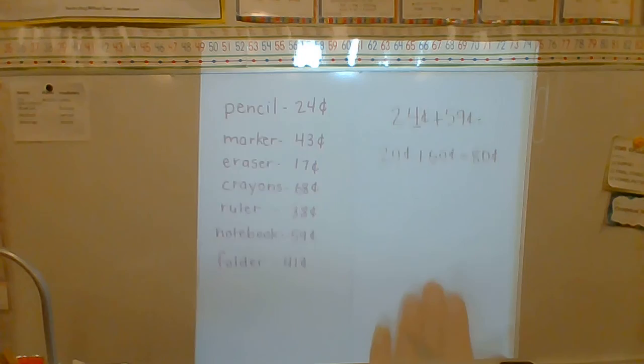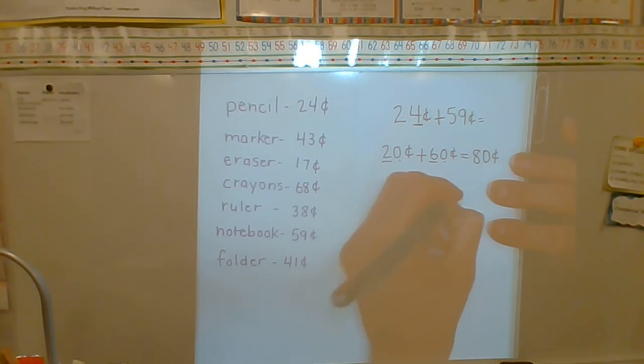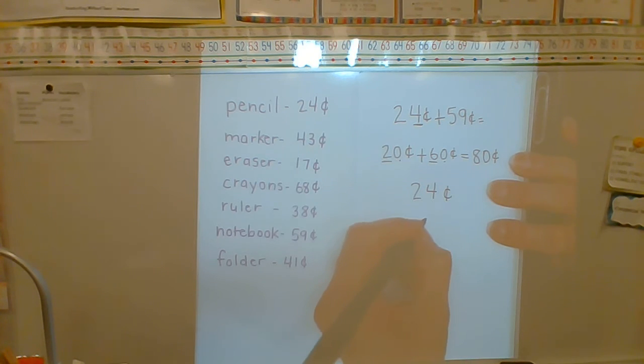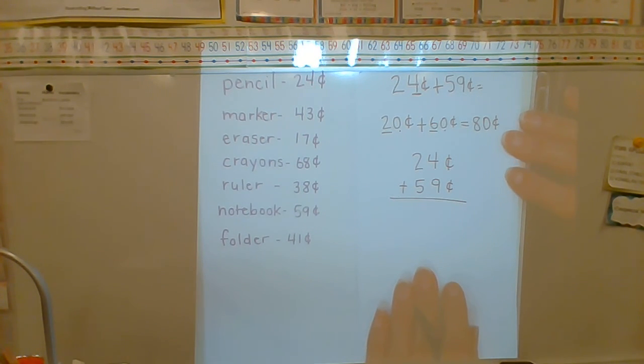So I'm going to turn it vertical. 24 cents plus 59 cents. Keep your fingers crossed. Say it with me. Always add your ones first. What is 4 plus 9? 13, that's right. Enough to trade for a dime.